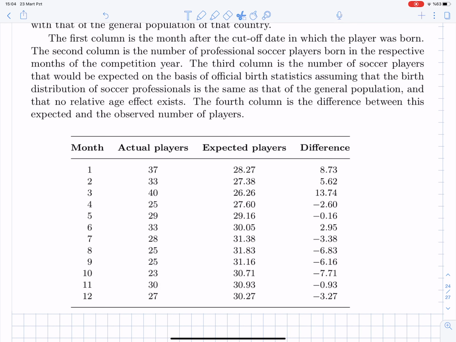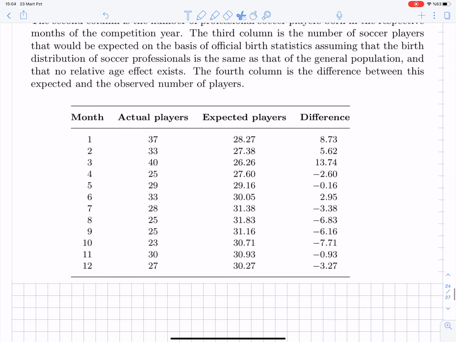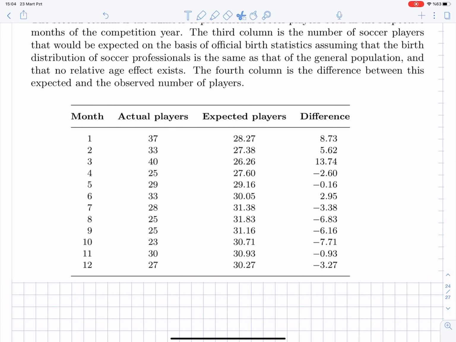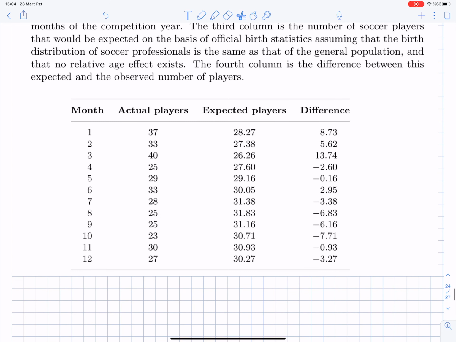The fourth column is the difference between the expected and the observed number of players. So the question is, is there any association between the month and the difference?